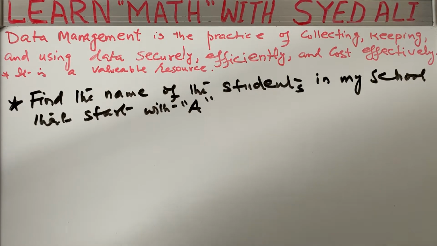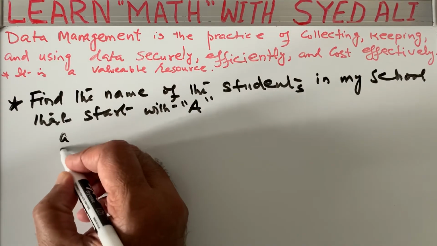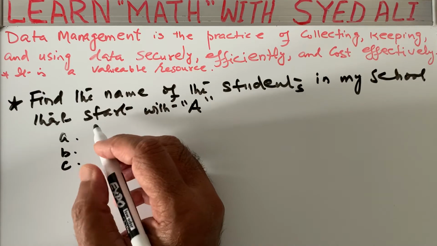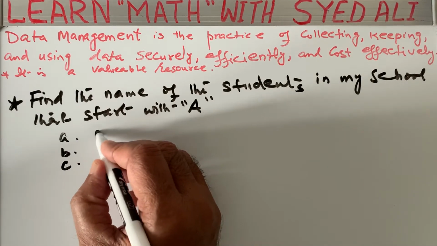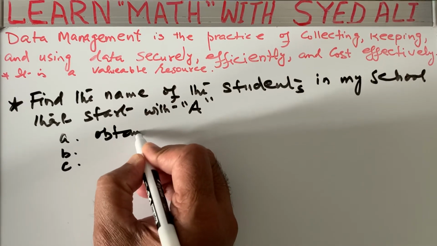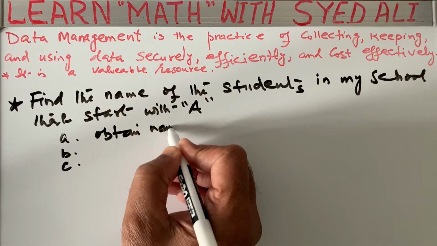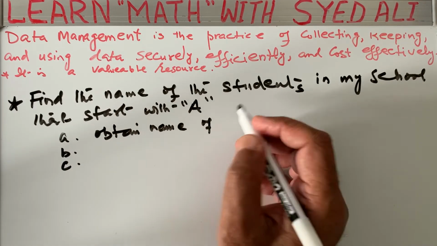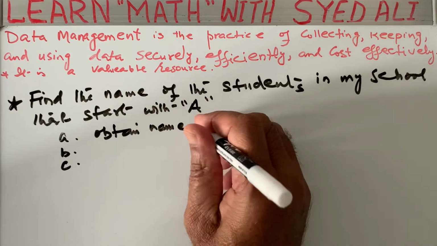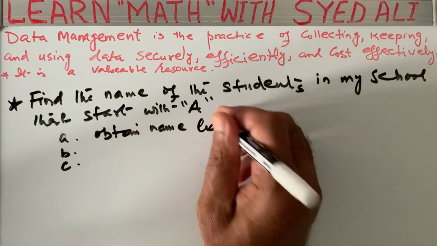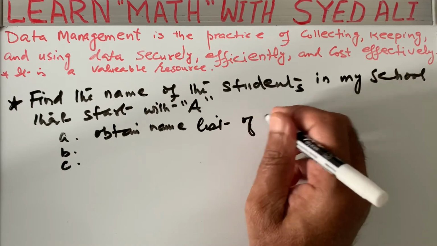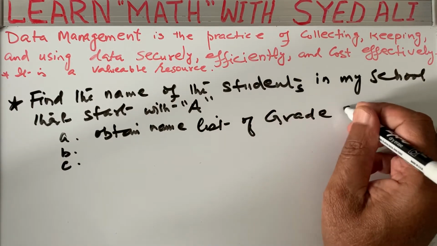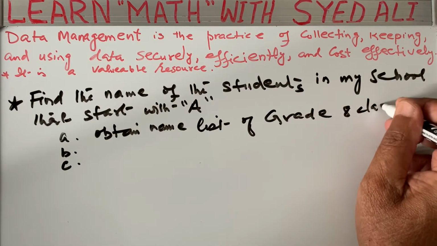Now we can do three things, let's say A, B, C. We can obtain the name list of the grade 8 class.